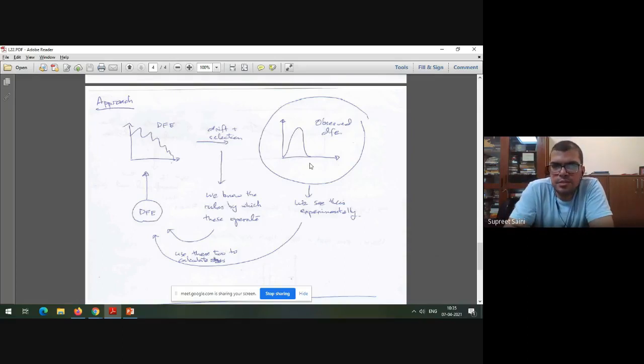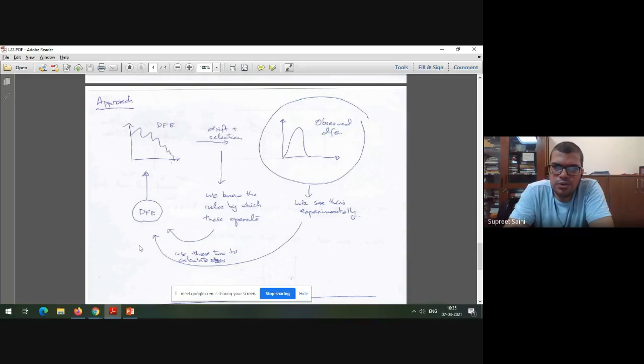So I know this distribution. I know the rules of action of drift and selection, right? This is similar to what we did when we were finding the probability of survival under drift. So these rules of the Moran process are something that we discussed. So we know these rules. We know the observed DFE.